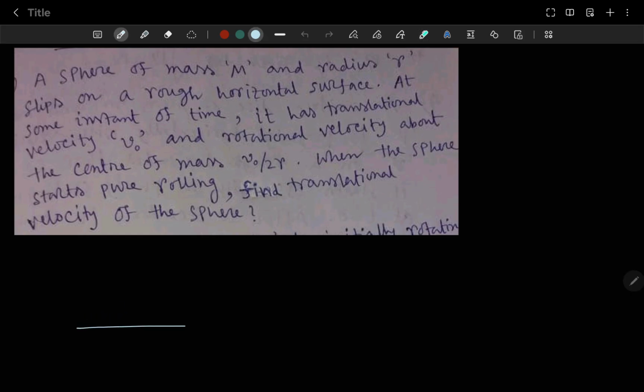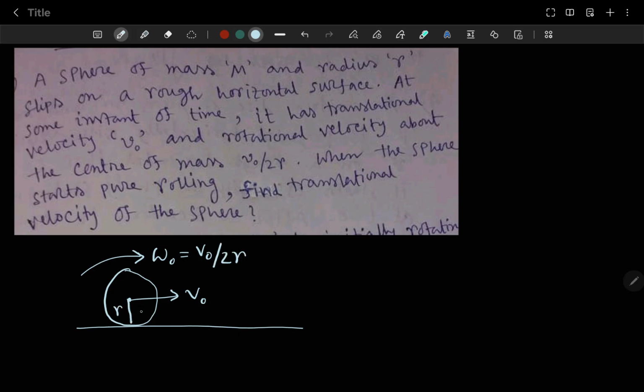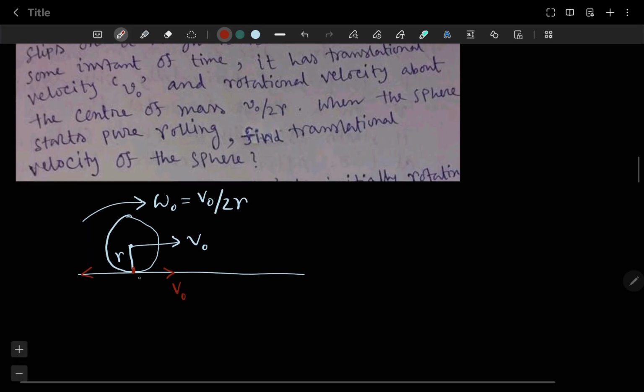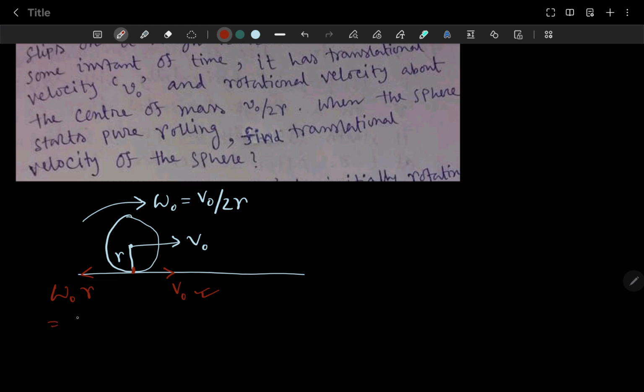First, see this sphere. The center of mass has a velocity v0 and it has an angular velocity v0 by 2r. The radius is r. So the bottommost point will have a translational velocity v0 in the forward direction, as well as a velocity omega 0 r, that is v0 by 2, in the backward direction.